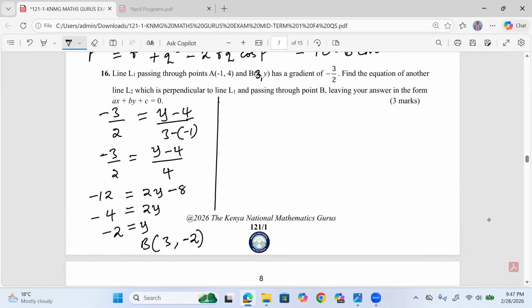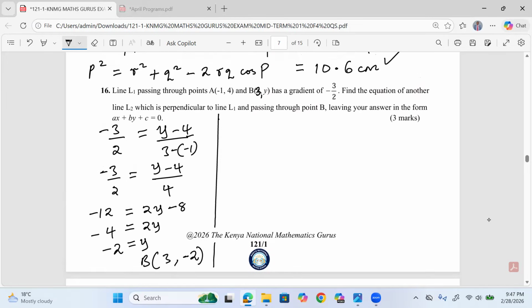After getting the coordinate of B, now we ask ourselves, if we have the first gradient of line 1 and it's perpendicular to a line 2, you remember that gradient 1 times gradient 2 should give us negative 1 if the two lines are perpendicular. Therefore, negative 3 over 2 multiplied by a known gradient 2 should give us negative 1.